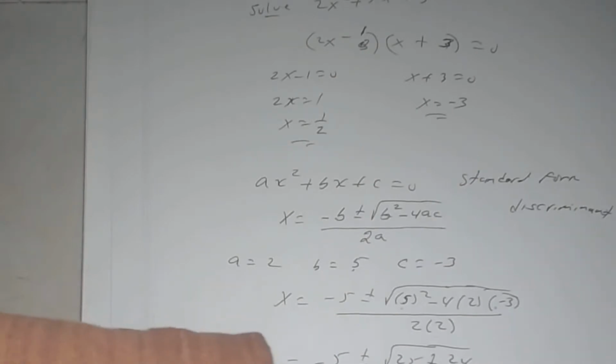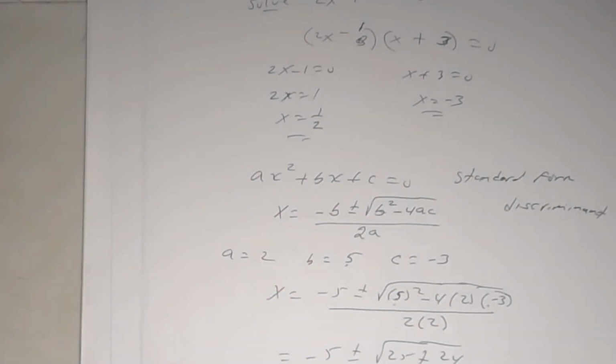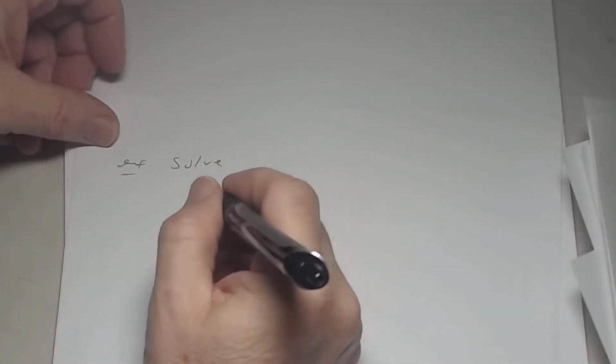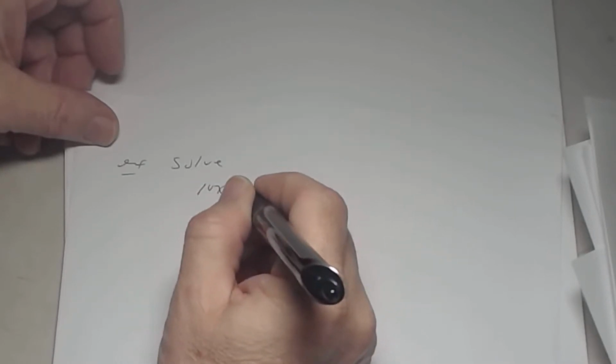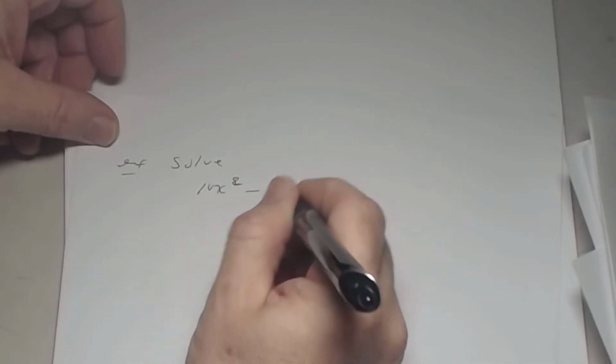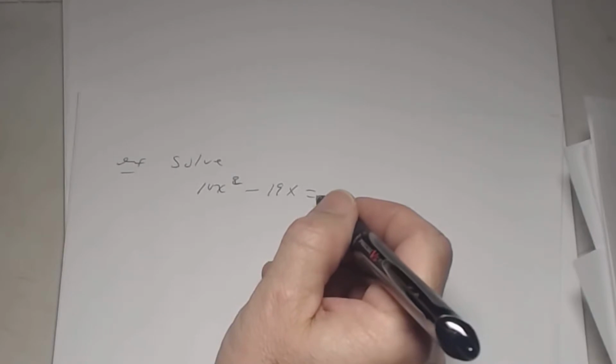All right, let's do another one that's rational. Suppose you had: solve 10x squared minus 19x equals -6.